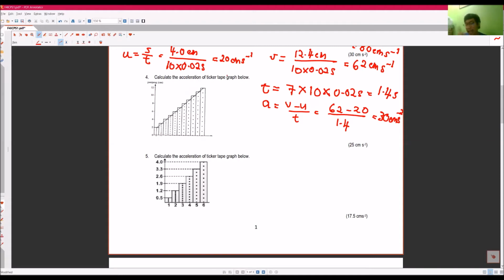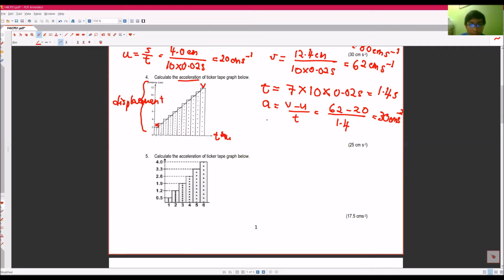So it's just 10 like before. To find the acceleration, we have to label the u and v. The first one is u, the last one is v. And this side here is the displacement, and this is the time.